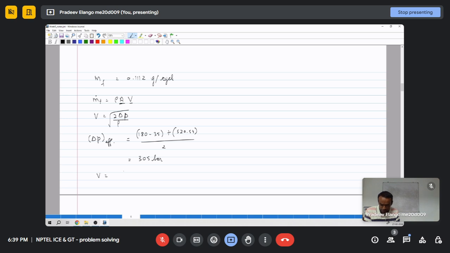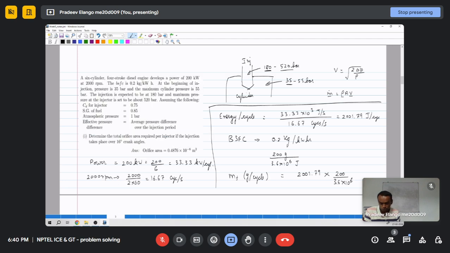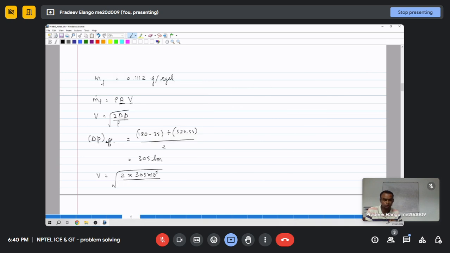and now we can calculate velocity, that is root of 2 into 305 bar, that is 305 into 10 power 5, divided by rho, and rho, specific gravity, is 0.85. We need to have SI units so that finally we will get meter per second, so it should be 850 kilogram per meter cube.